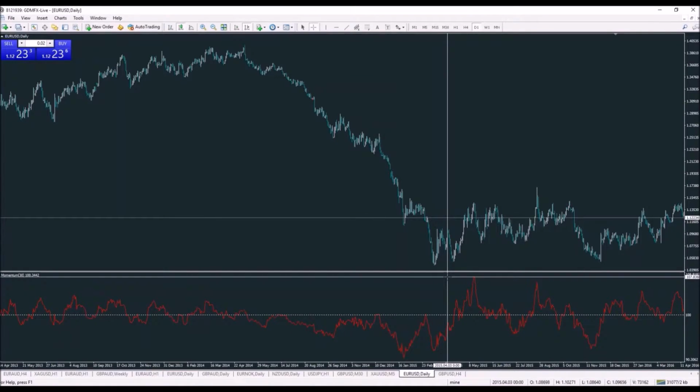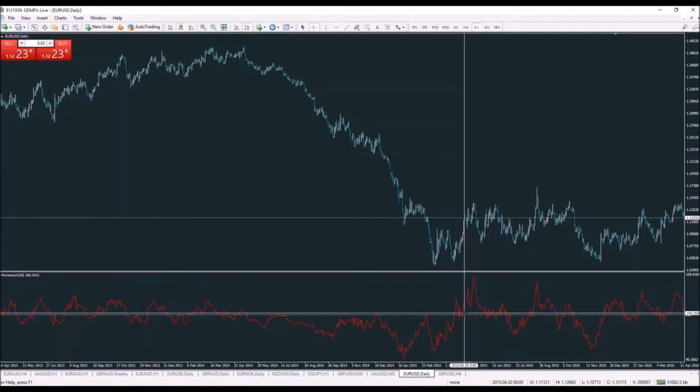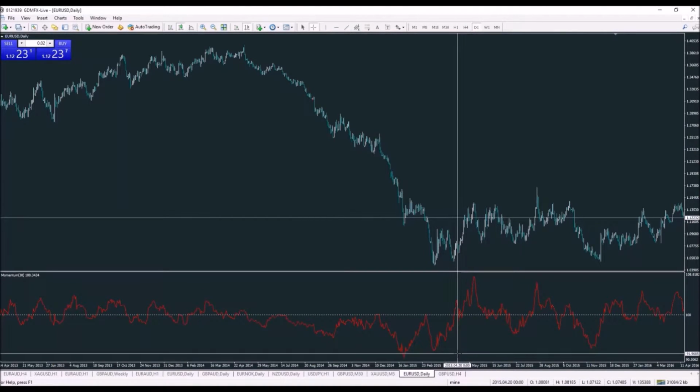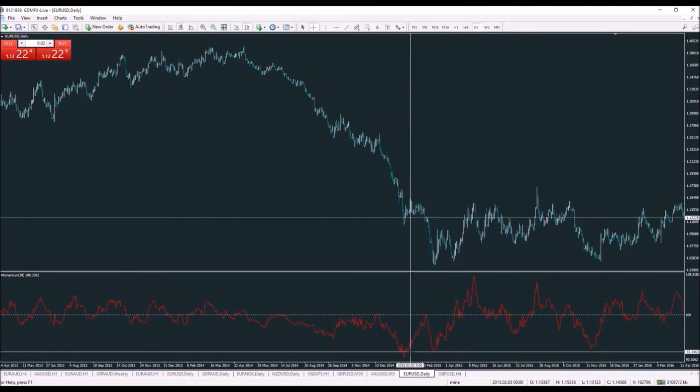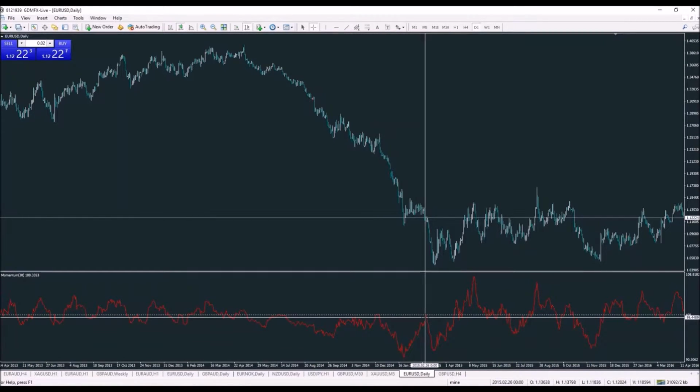So in both directions, north and south of this 100 level, we can see a directional momentum increase. Whether it's bullish momentum or bearish momentum, it is still a momentum increase. The closer the curve gets to the 100 level, the smaller the momentum becomes, or it's slowing down.